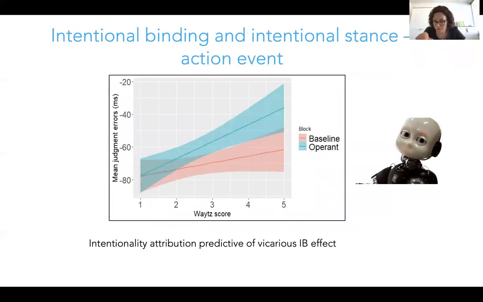In addition, with the humanoid robot, you also see that correlation with the attribution of intentionality, but it only boosts the effect because the effect is already there. So it's not really needed to see the effect. That was a very short and quick rush through the intentional binding paradigm, but I just wanted to summarize this at a more conclusive level.